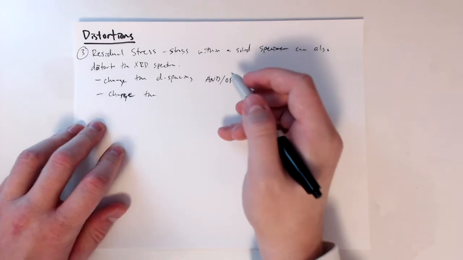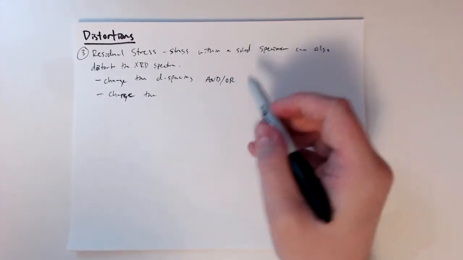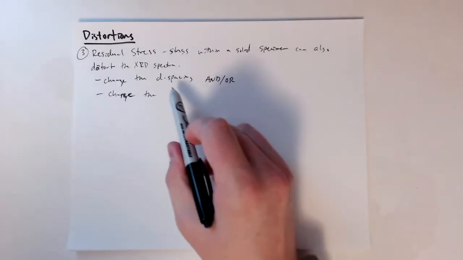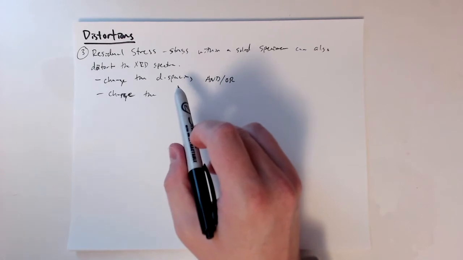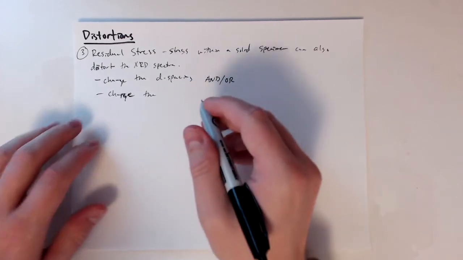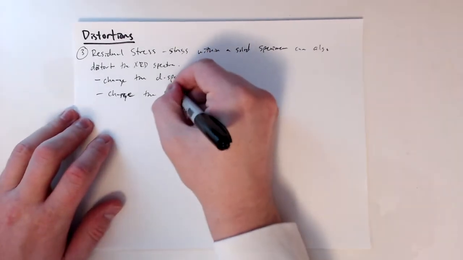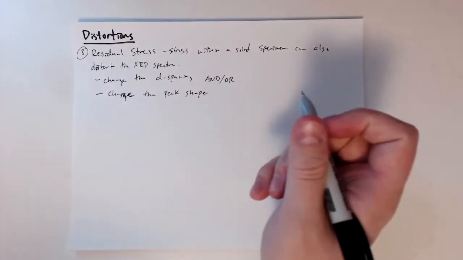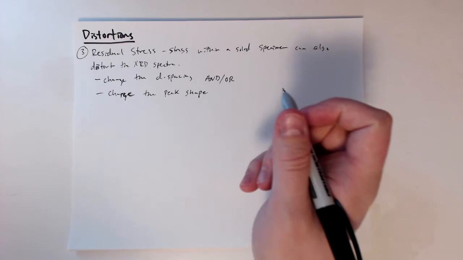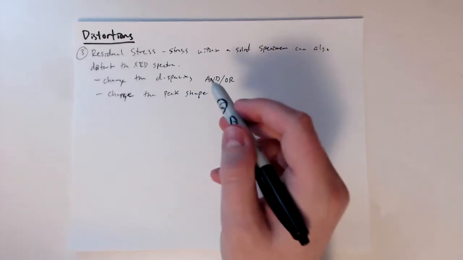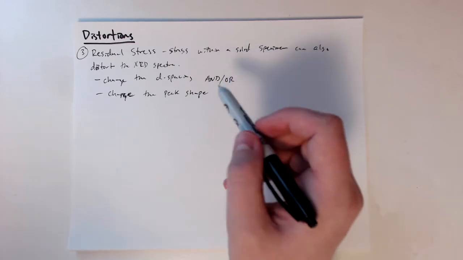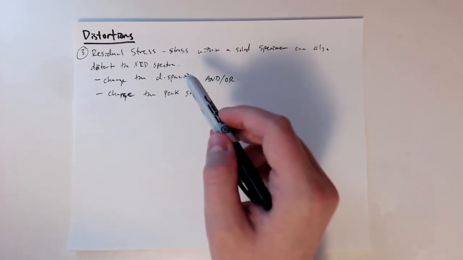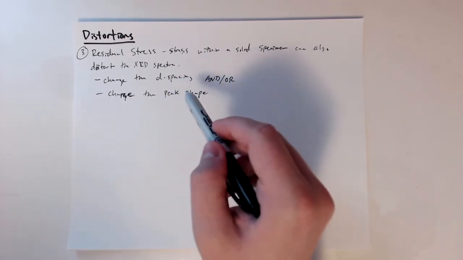So essentially, changing the D-spacing would affect the peak position, but it can also change the peak shape. And so I'll show you how this can occur in either of these two ways. All right, but first I want us to think about how it can affect the D-spacing.